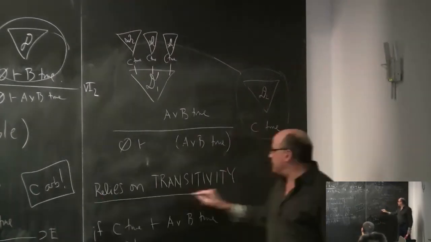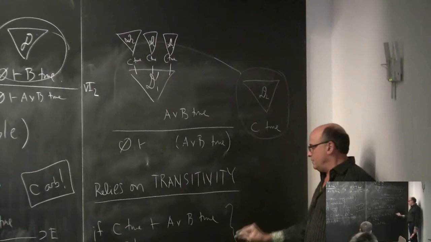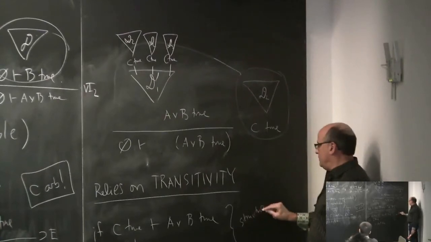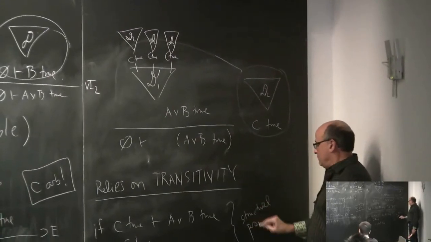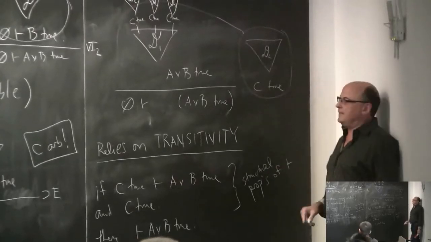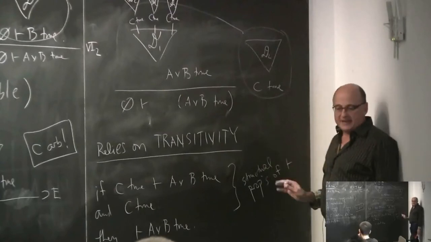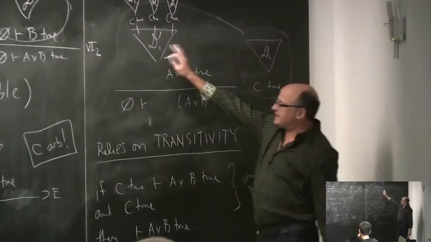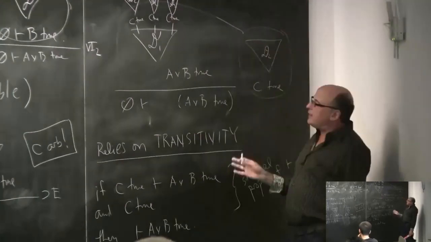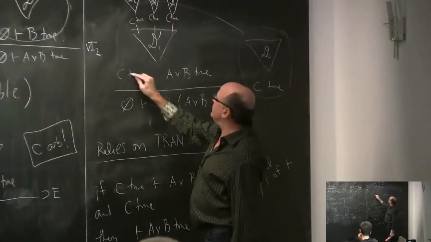So I relied on transitivity, one of the structural properties of entailment. I also relied on several other things. One is what Arbob mentioned about the size of the derivation. And the other was that this implication must inevitably look like this.